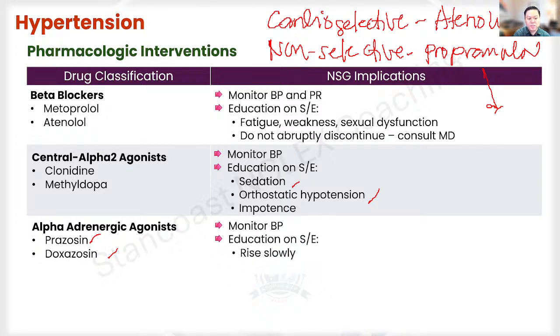We're also going to make sure that we are educating our patient to instruct them to rise slowly upon rising in the morning, to prevent orthostatic hypotension, and to be cautious when they are driving because of the hypotensive effect. It can get them a little bit dizzy. There's going to be some dizziness.